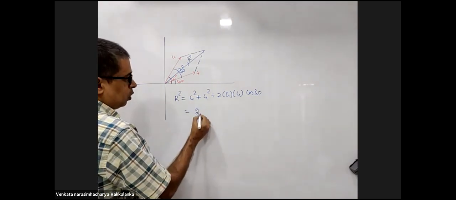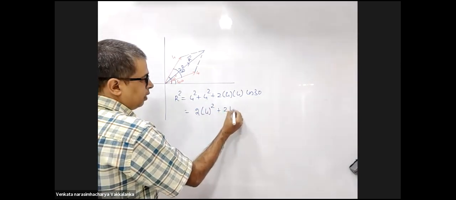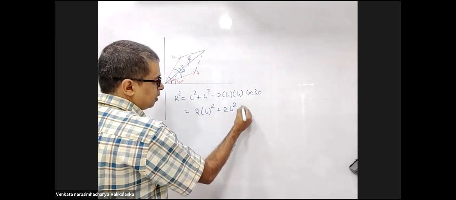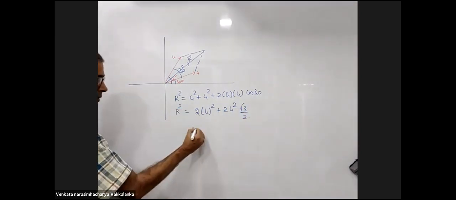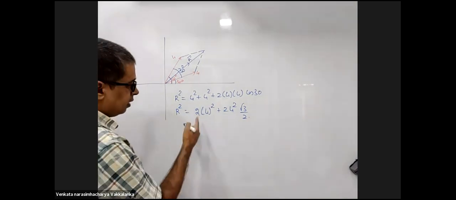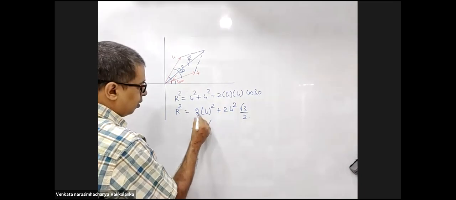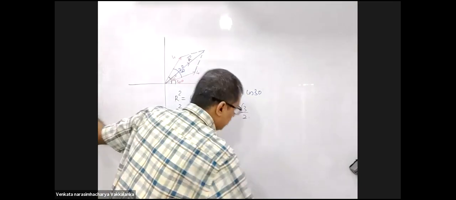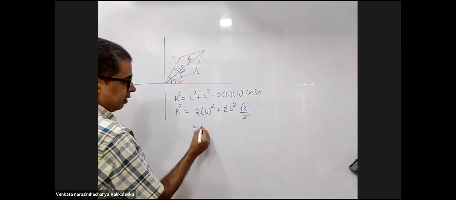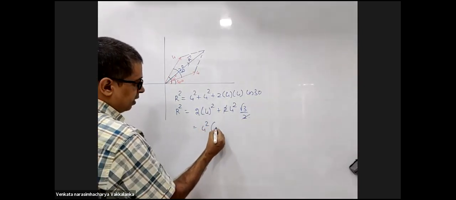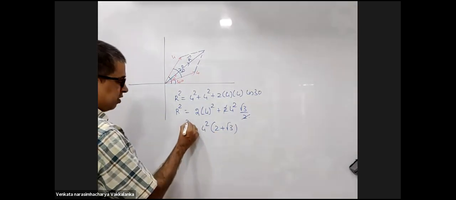Now, 2 into 4 square plus 2 into 4 square cos 30, which is root 3 by 2, equals R square. Keep an eye on the simplification. 4 square I bring out common, and this 2 gets cancelled. 4 square times 2 plus root 3 is R square.